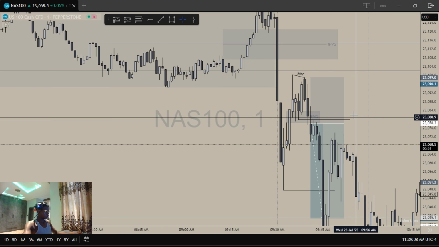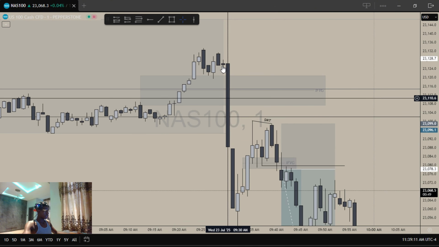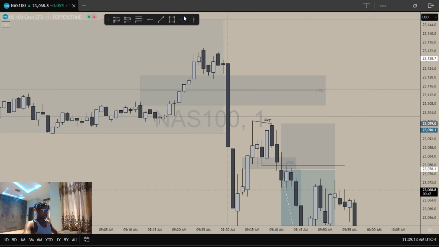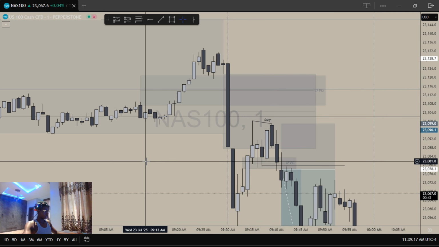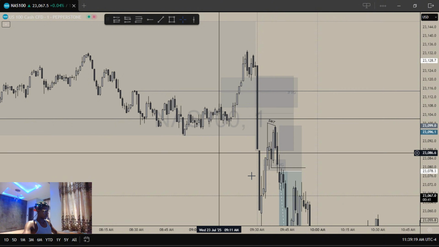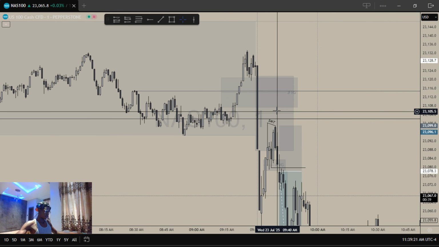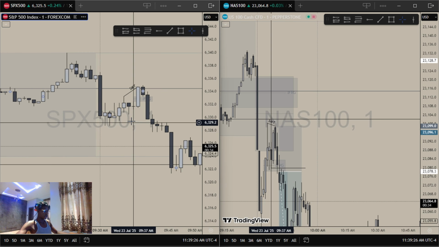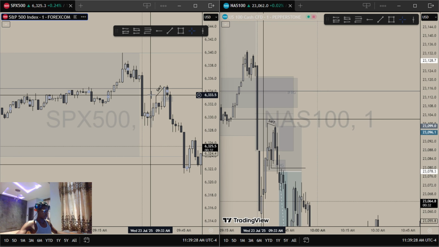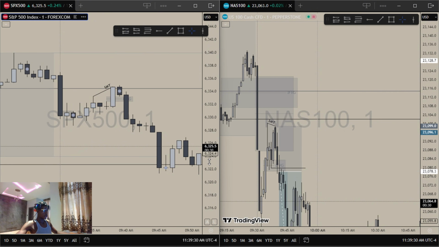As you can see here, we ended up retracing back into this 1 minute bearish fair value gap, which we have right here. If we check on the S&P 500 too, you can see price also retraced back into a 1 minute bearish fair value gap, right?